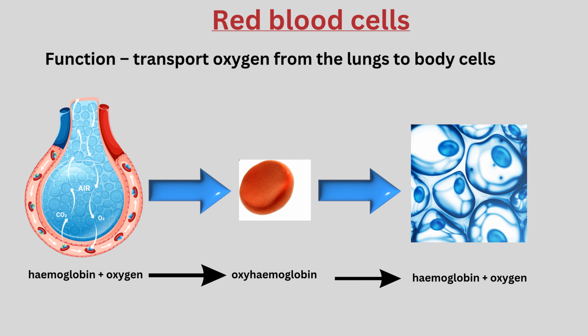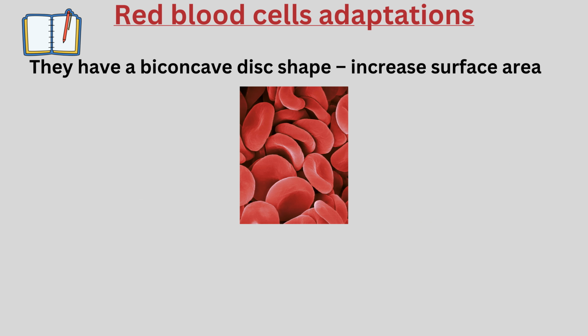The blood is then transported to your tissues, to your body cells, and the oxygen will be released into the cells so that the cells can use that oxygen for aerobic respiration. So remember now, the function of the red blood cell is to transport oxygen from the lungs to your body cell.